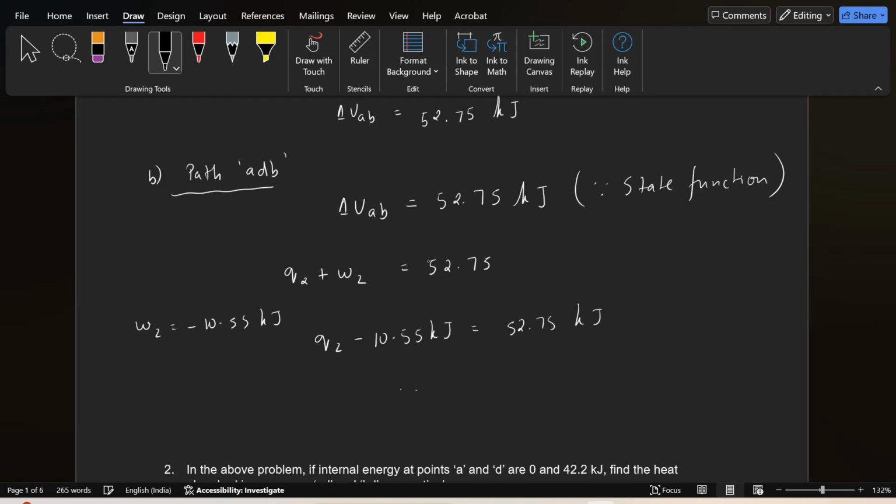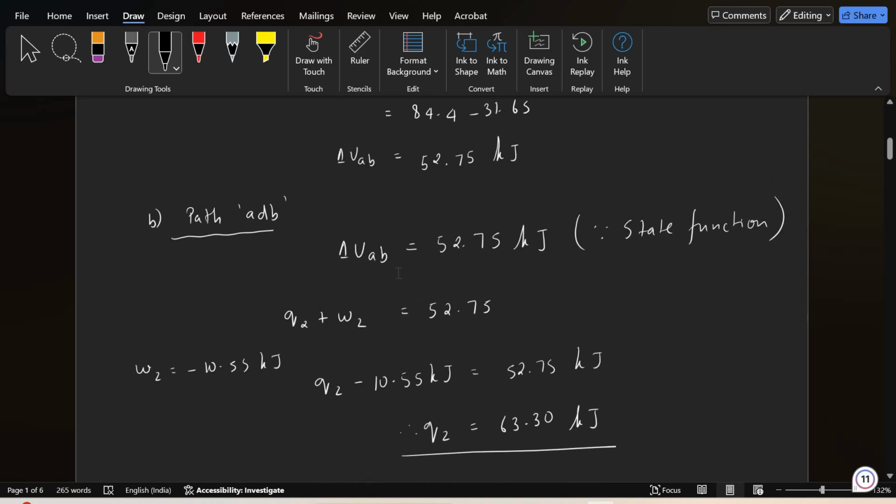Therefore, the heat flow along this path will be the addition of these. So this is the answer. That is the heat flow along this path.